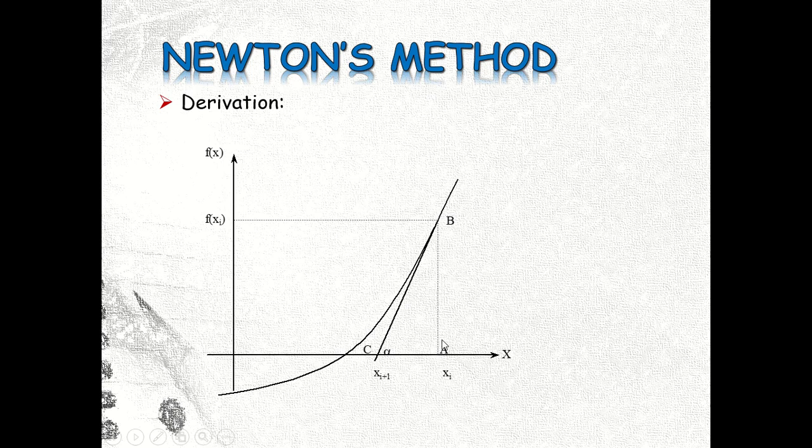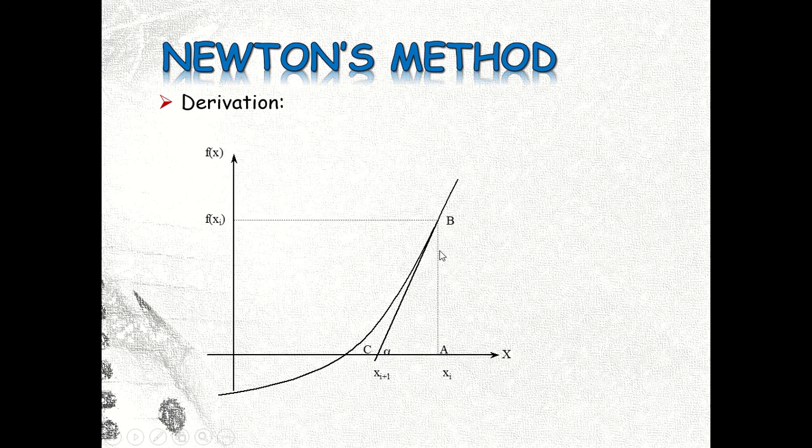Then we label this point here as point A, and we label the point of tangency, the intersection between the tangent line and the graph, as point B, and the point where the tangent line crosses the x-axis, we call it point C. And we let the angle between the x-axis and the tangent line be alpha.